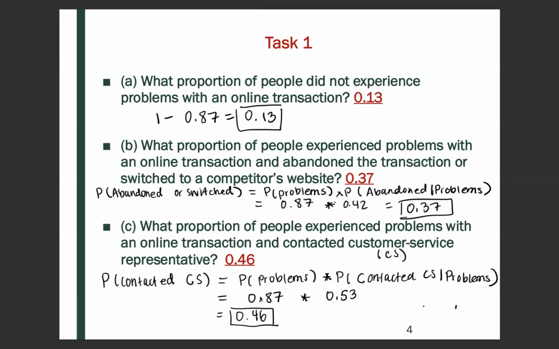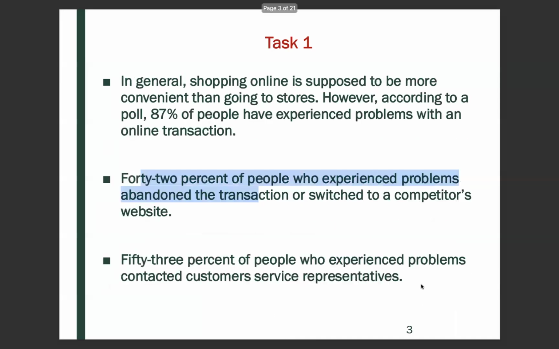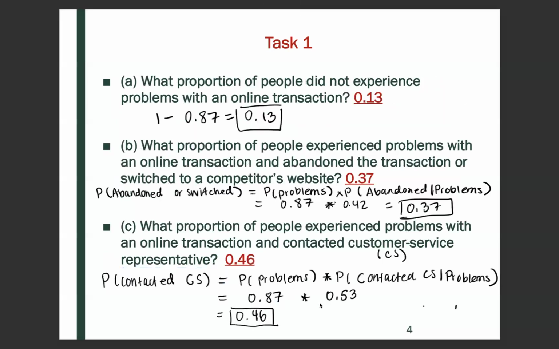The probability that they experience problems is 0.87. And then the probability that they contacted customer service, given that they had problems, is 53% or 0.53, because these are the percent of people who experienced problems who contacted customer service representatives. So if we multiply these two probabilities together, we get 0.46.